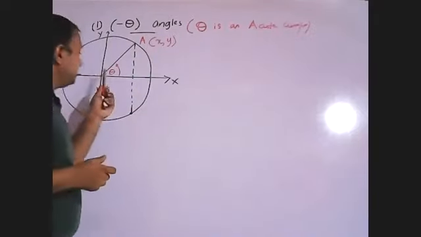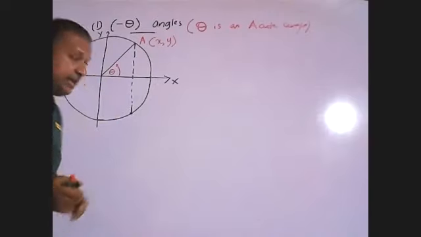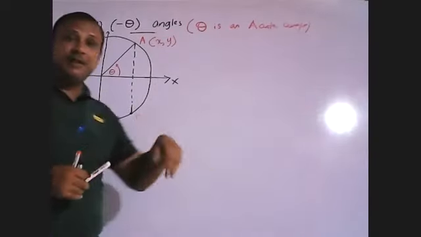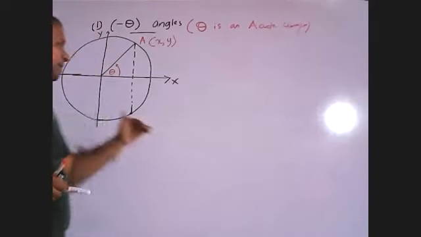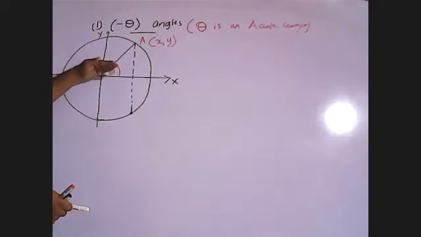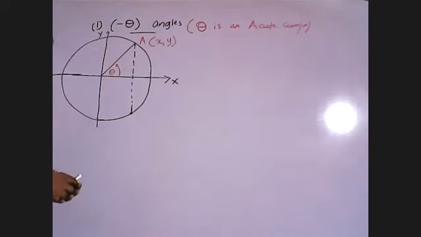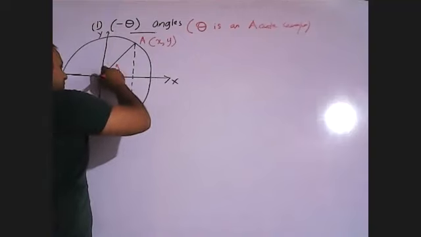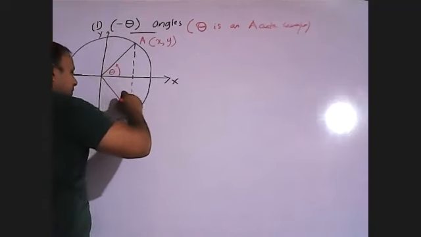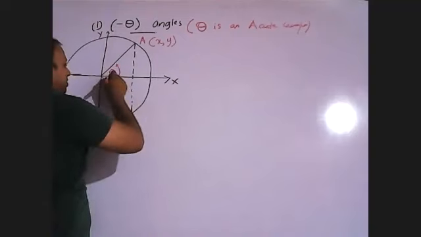So if this angle is theta, then you have to determine minus theta. Minus theta means you have to rotate this in an equal amount in the clockwise direction. Then you will have this. This is minus theta.